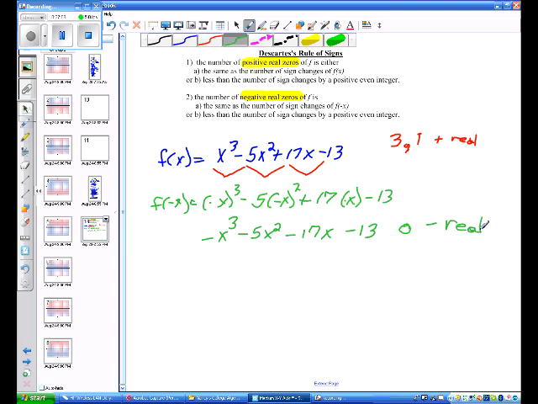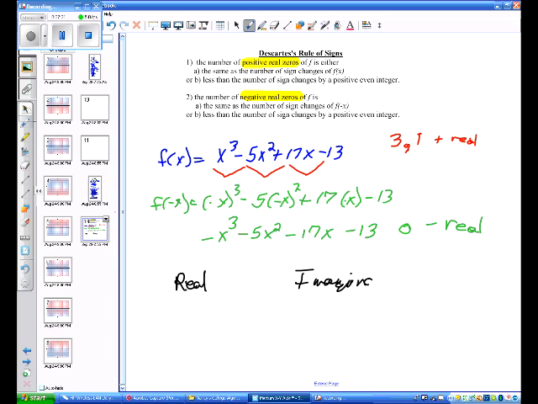Now, if you want to summarize what we know then, our possibilities are we're either going to have real roots or imaginary. And in the imaginary, we know that we would have conjugates. In the real roots, we're either going to have positive real roots or negative real roots.